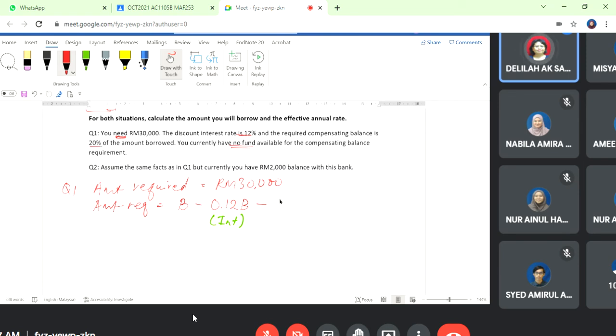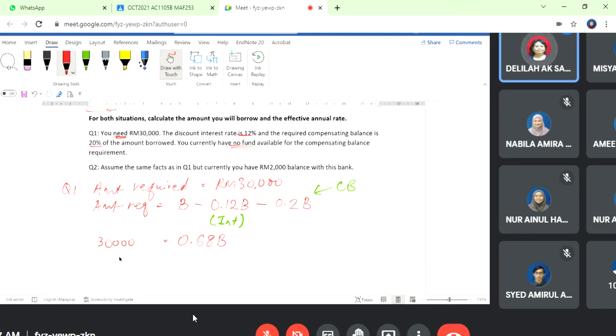So this is 0.2 of the borrowing. Okay, so this is CB. So the amount required is 30,000. So 1, okay, B is 1 minus 0.12 minus 0.2, we have 0.68 B.